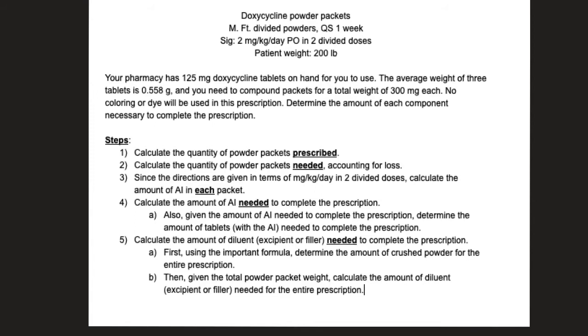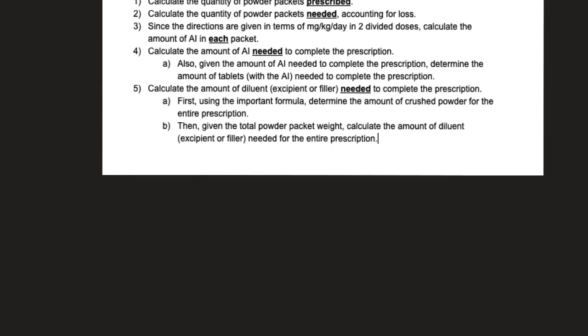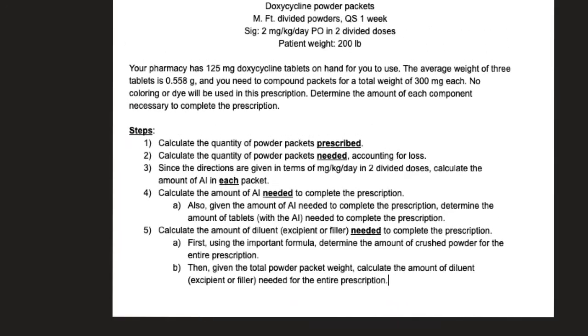Like again, as in example number 1, we're going to calculate the quantity of powder packets prescribed. So we know the SIG is per day in 2 divided doses. So that means each day has 2 powder packets.